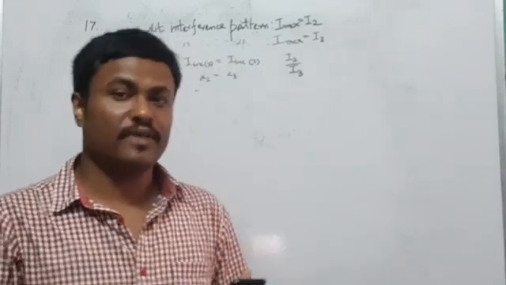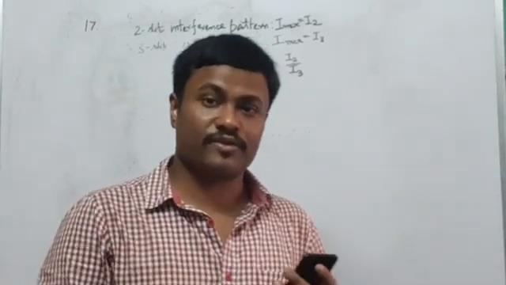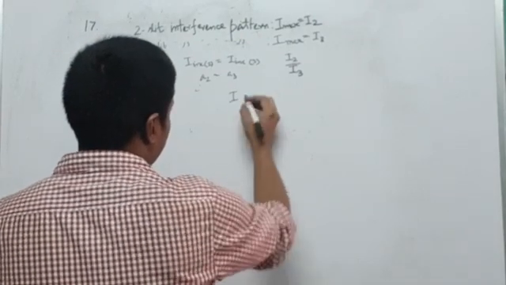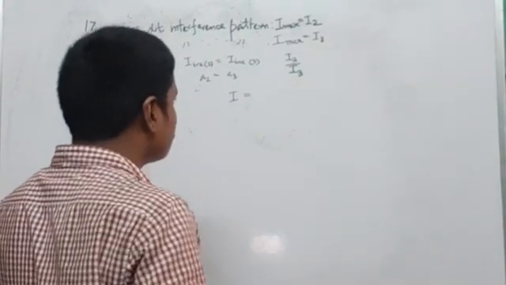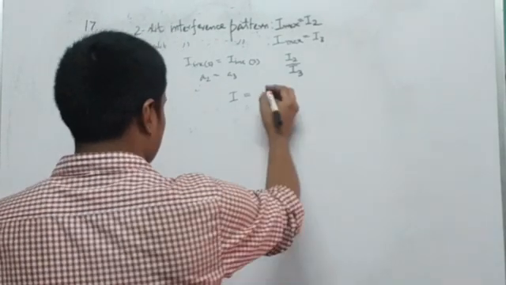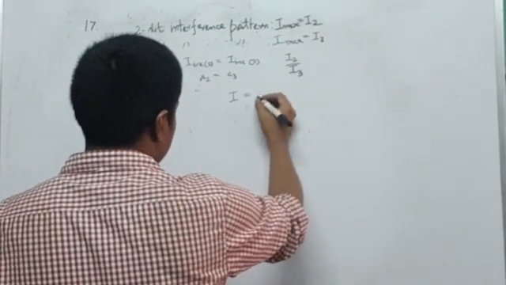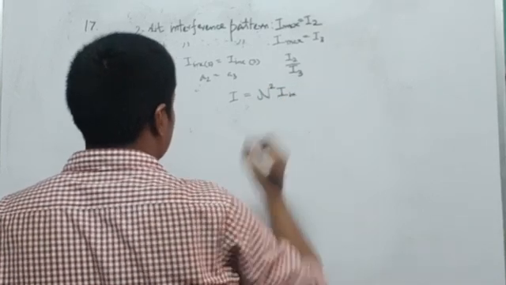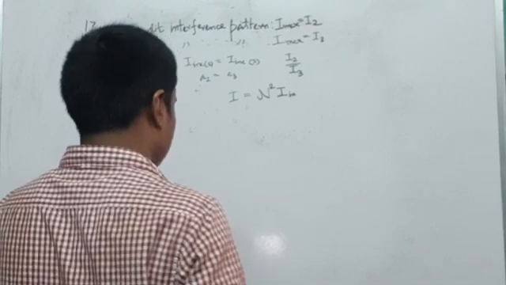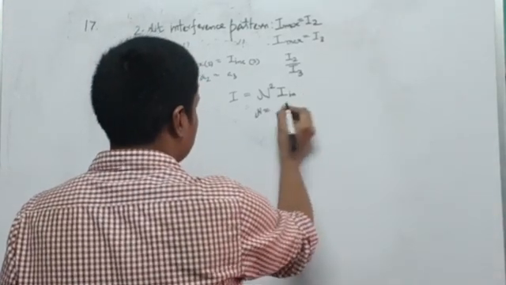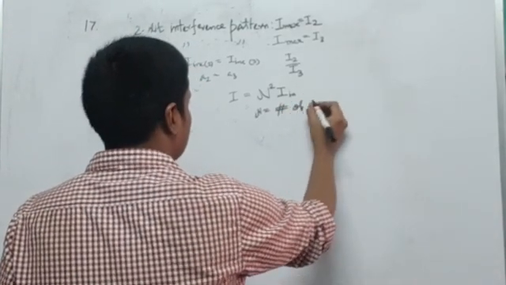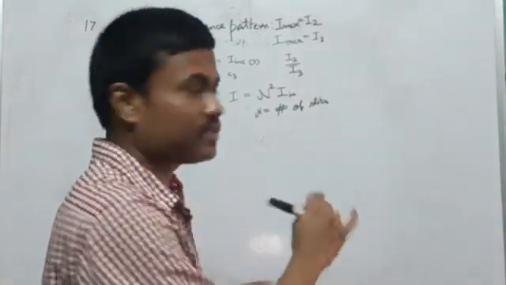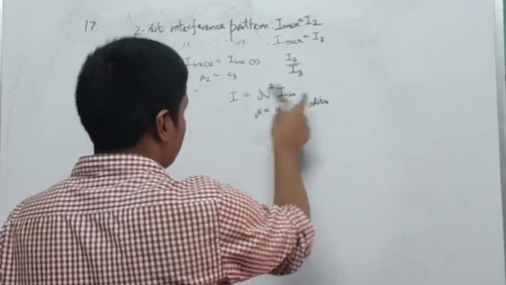When you have an interference pattern, no matter how many slits, the final intensity is always n squared times the incident intensity, where n is the number of slits.